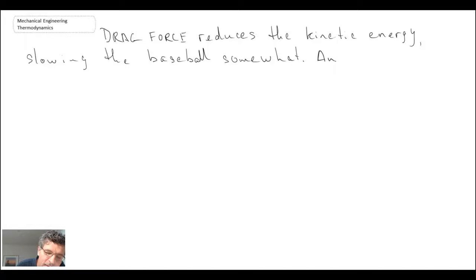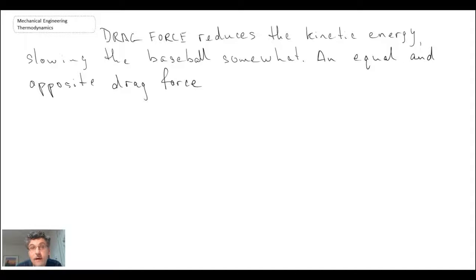Now, what we can say is that an equal and opposite force is acting on the fluid. As the ball moves through the fluid, it is acting on the fluid or the air behind the ball.